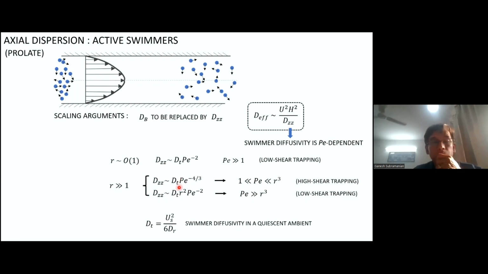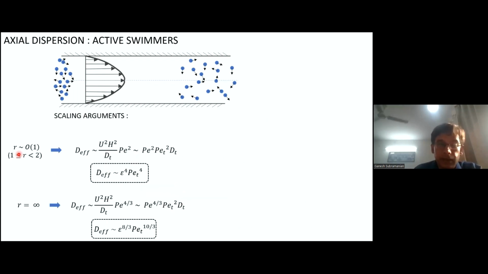Now if you do that, then it turns out, as you might guess, that the effective diffusivity should scale like Peclet power 4. So for any finite aspect ratio, for sufficiently large Peclet, the axial dispersion of a swimmer population must scale as Peclet power 4.